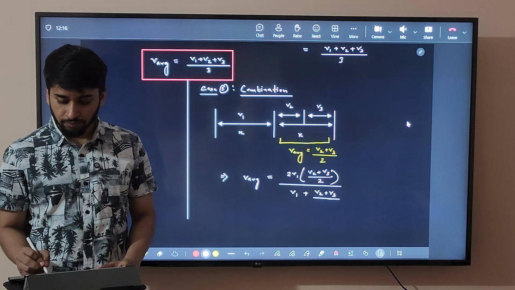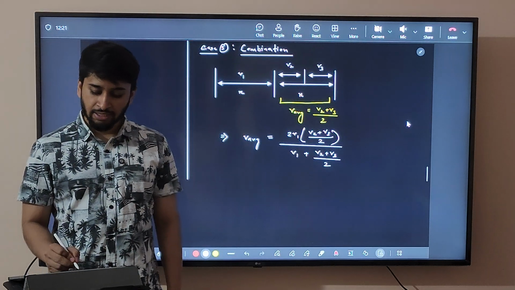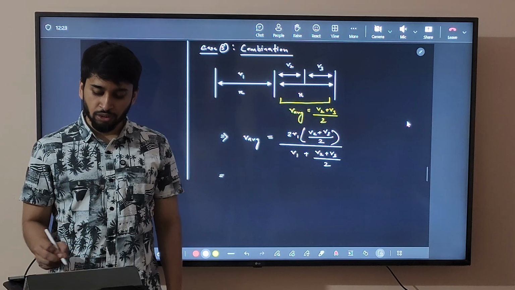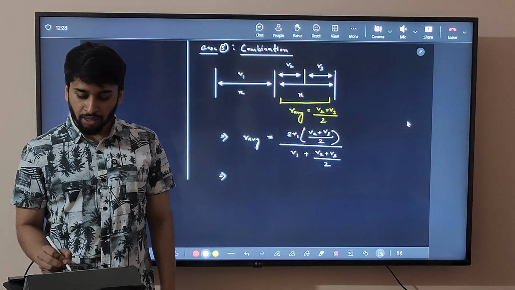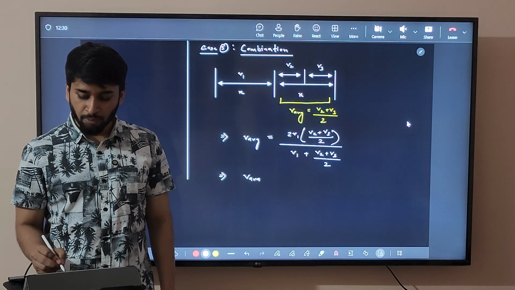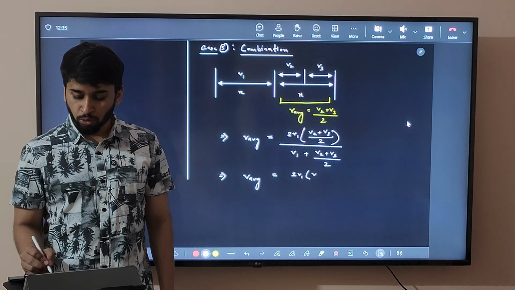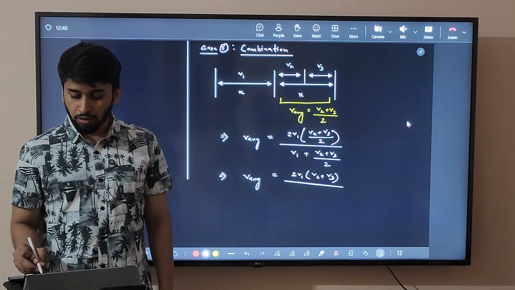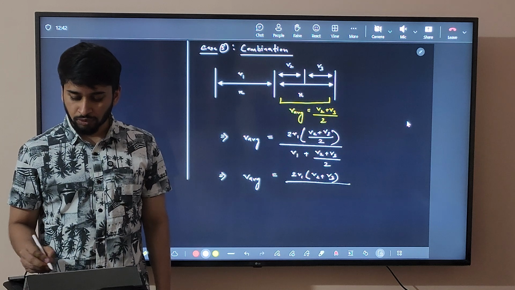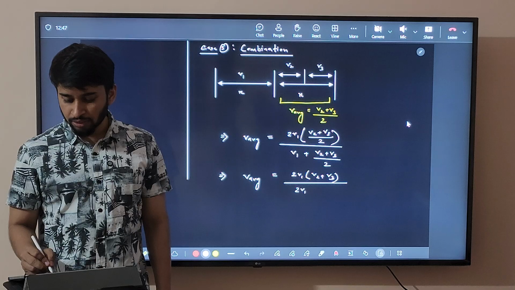Simplifying, the 2 in the denominator of both parts gets cancelled, and the average speed comes out equal to 2 v1 into (v2 plus v3) divided by (2 v1 plus v2 plus v3).